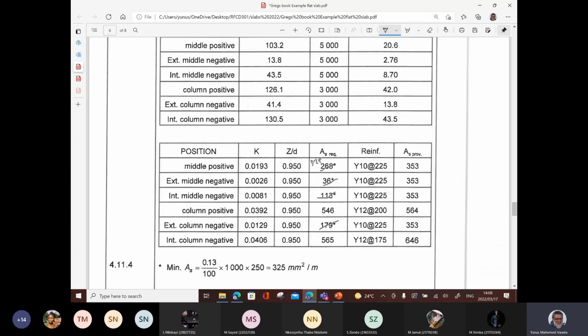You can't put less than that. As you can see, it gives us 10s at 225, mostly, with 2 places where we just have 200. That's actually in the column strip only. All right. Okay.